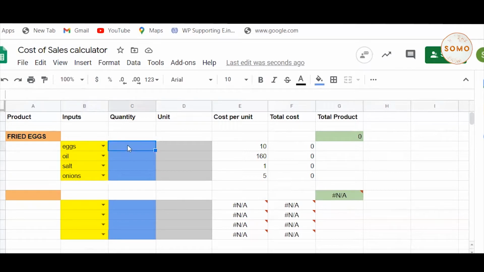So eggs, we'll put 100 pieces. Oil, we'll use 2 liters of oil. Salt, we'll use 25 tablespoons.